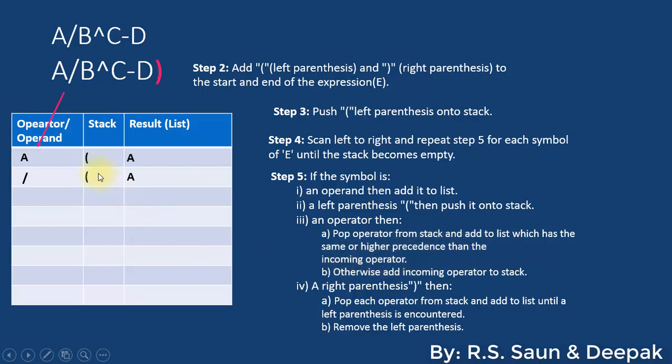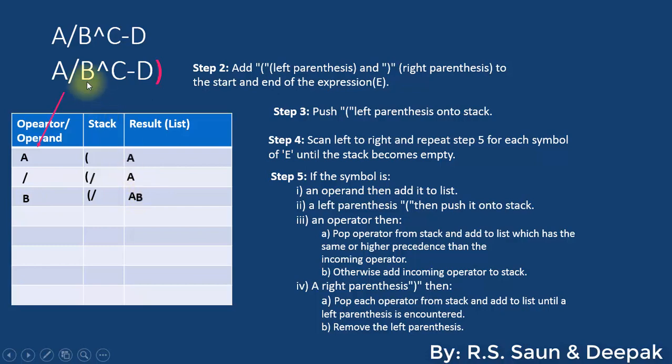Since we do not have any operator, we have to perform the step B. So now what we need to do is we need to simply add the operator to the stack. Okay, since we do not have any operator, we cannot pop any element. Now the next is b, it is an operand, so you have to again perform this step. Okay, so if I click on it, it will move my b toward the list.